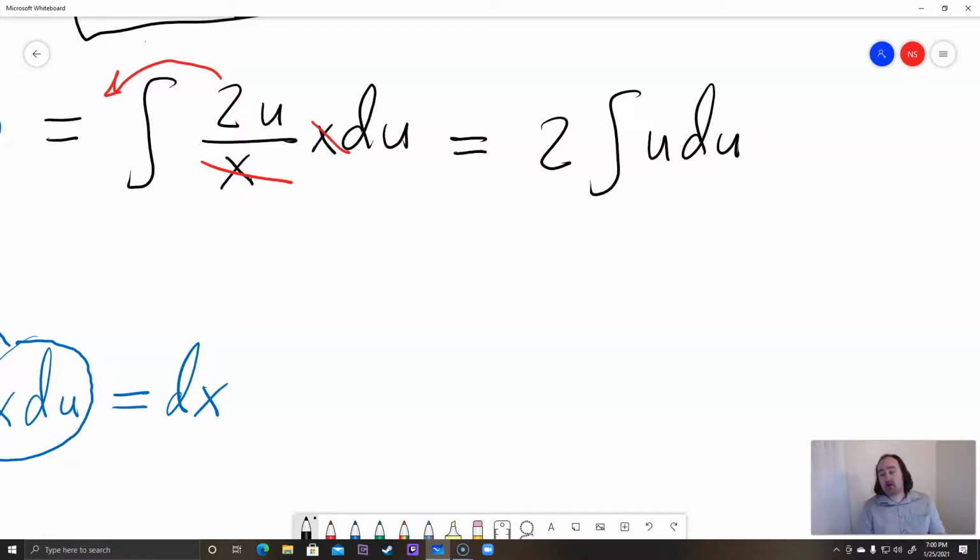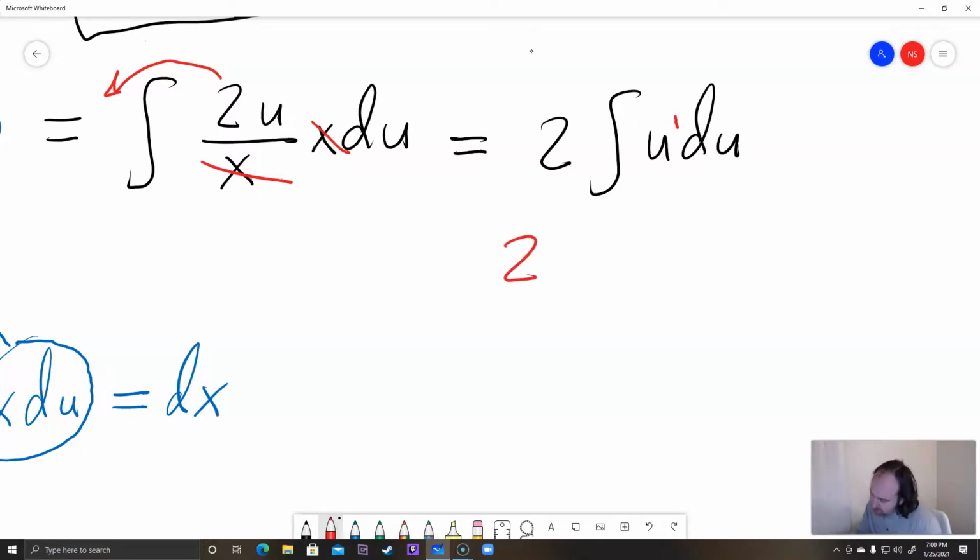And then what's the integral of u du? Well, remember, for the integral of a variable, you add 1 to the exponent, and then you divide by the new exponent. So here, this is the same as u to the 1. We're going to use the power rule for integrals, which is the reverse of the power rule for derivatives. So we add 1 to the exponent, and we divide by the new exponent.